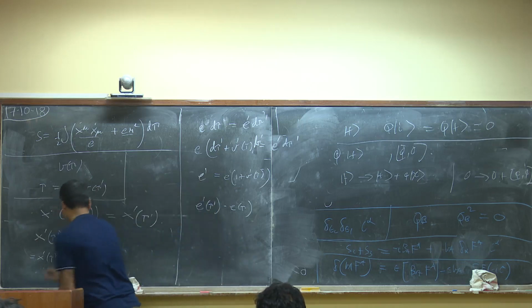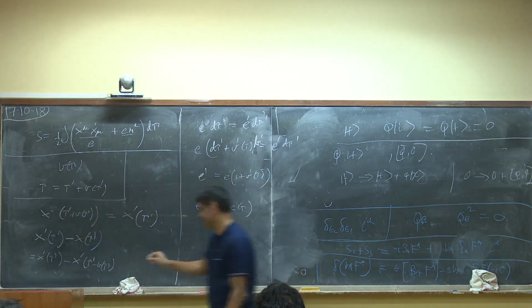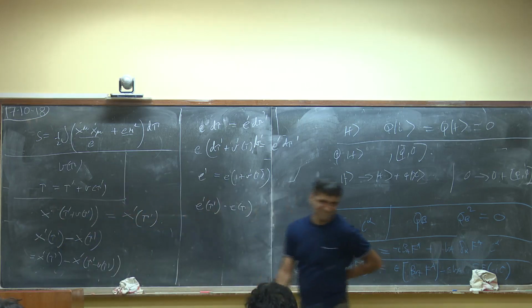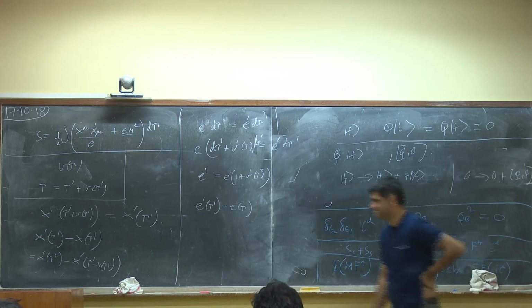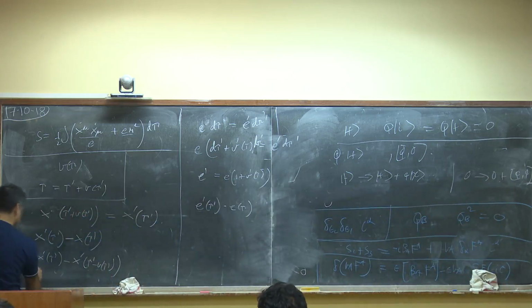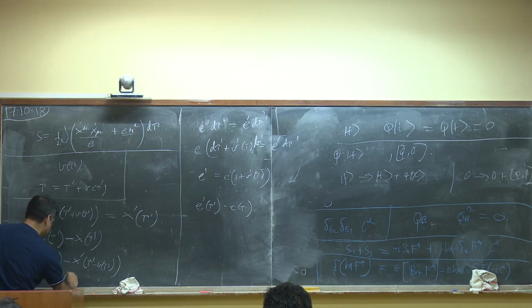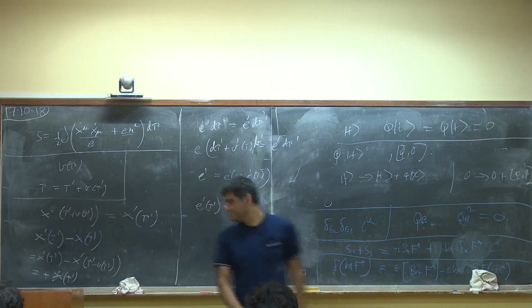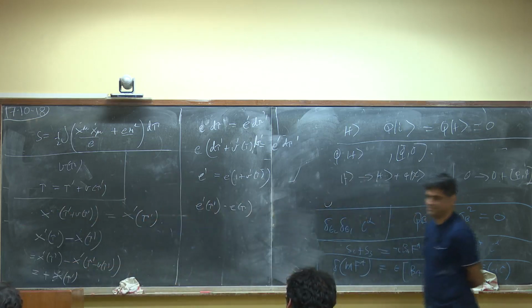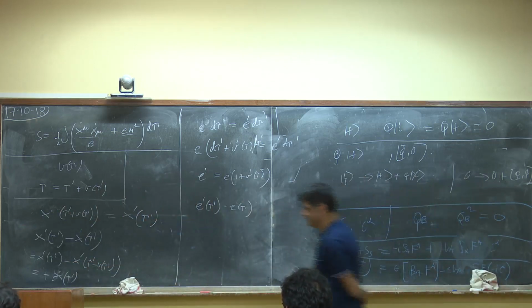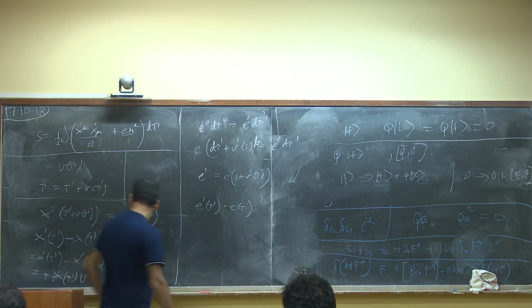Which is equal to plus, so I'm sorry, I'm going to mess up, x dot of tau prime, because it's minus and there's a minus here, times v.